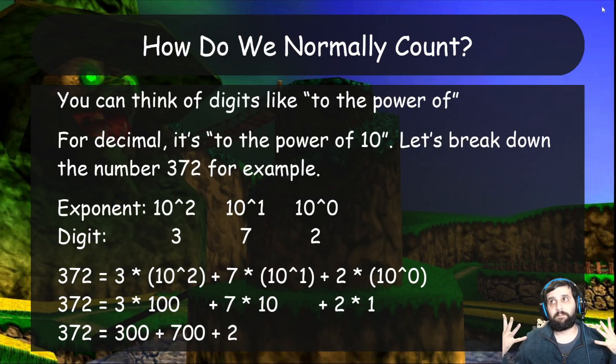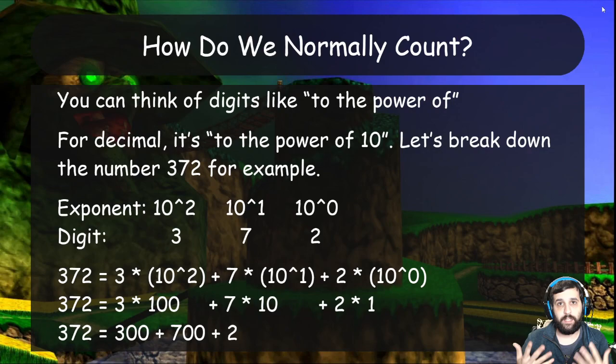But the way we can think about it is, our regular counting system, with 0 to 9 and then 10, is base 10. What that means is that there are 10 values before you add the next digit. From 0 to 9, there are 10 numbers. Let's break down the number 372 as an example.